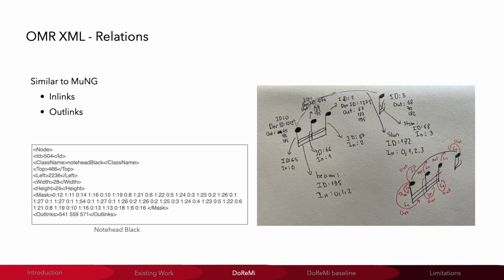At this stage, not all objects have relational information. For instance, augmentation dots do not have that. Objects that do have such information either have inlinks or outlinks. Looking at this very bad drawing, for instance, we can tell how many nodes are beamed with one beam. The number of inlinks and beams infers that and points to the nodes it links to.